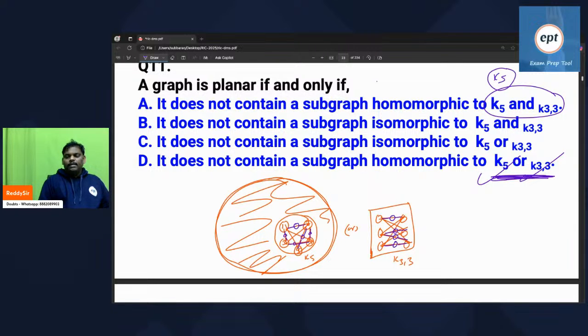So D is the correct answer. Option A is saying that if one is there, it's okay, no problem; only if two are there, then it is a problem. So be careful. Here you want to say that even one is not allowed. It looks a little difficult, so please try to understand.